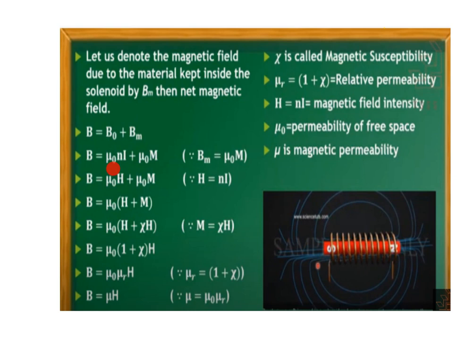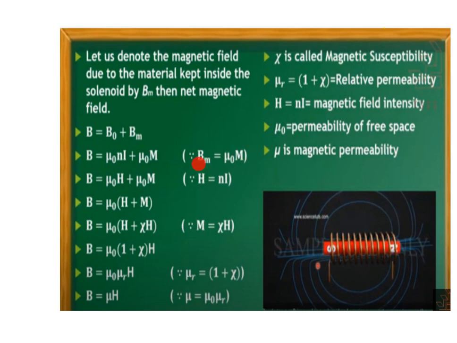Then Bm is equal to mu naught into M. Bm is proportional to the magnetization M of the material.